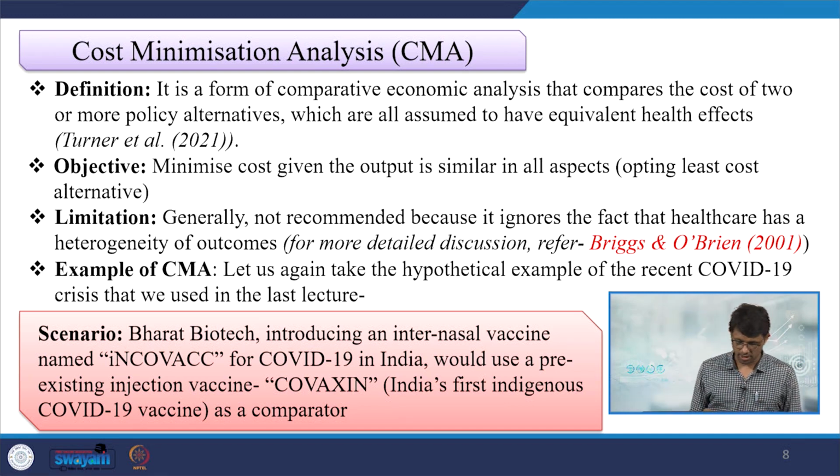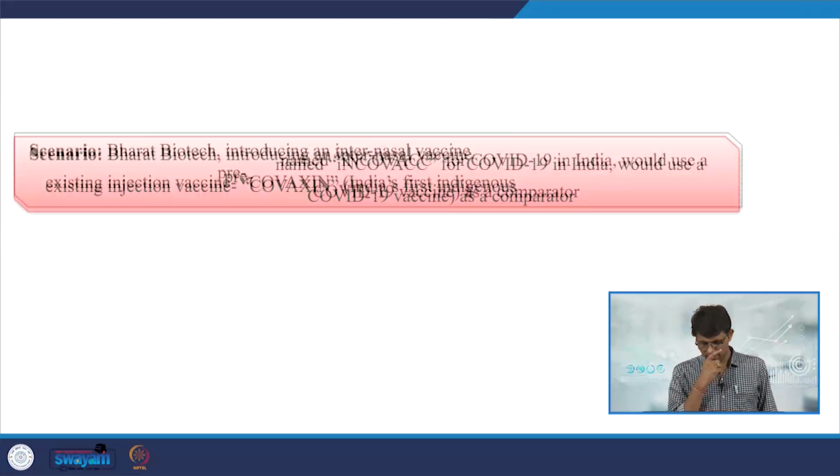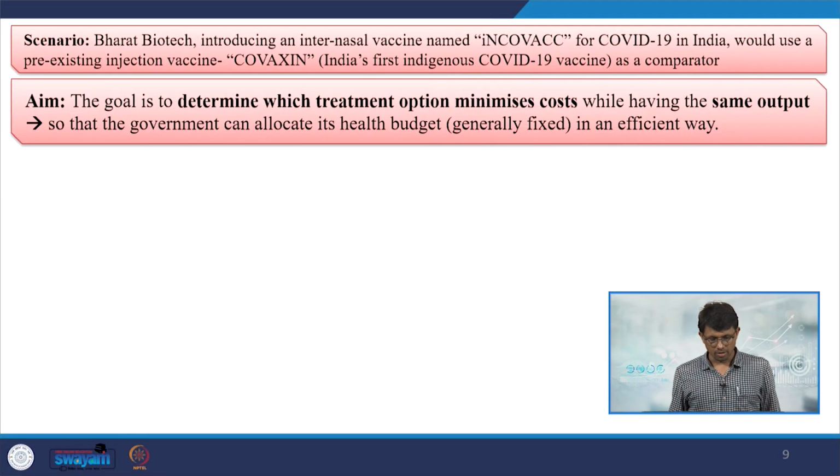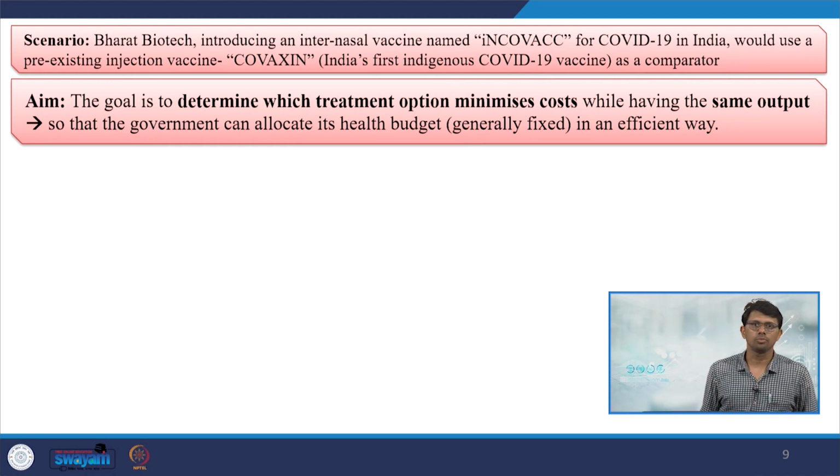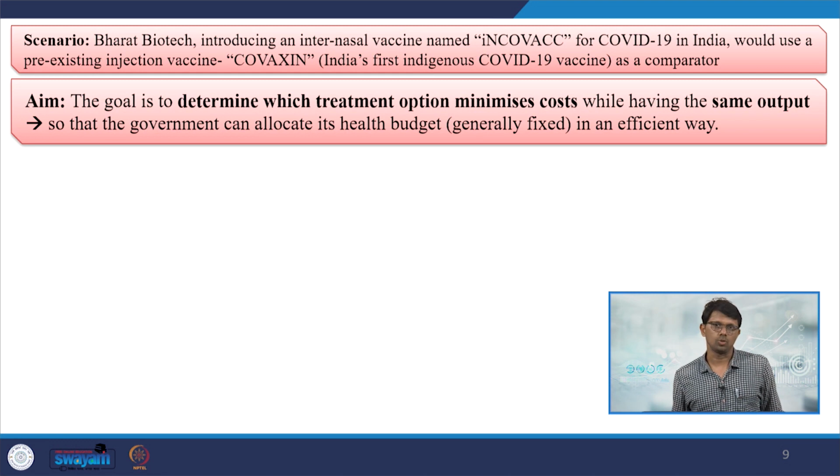We also discussed this in the previous lecture. Now, what is the problem? To determine which treatment option minimizes the cost while having the same output, that is curbing the spread of COVID-19.